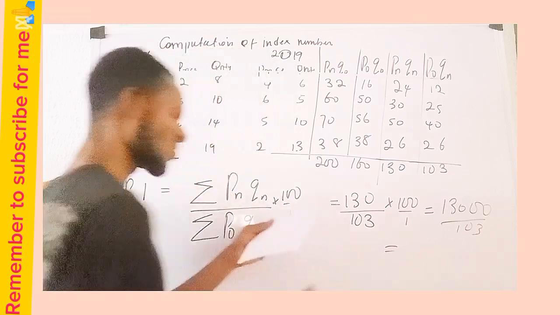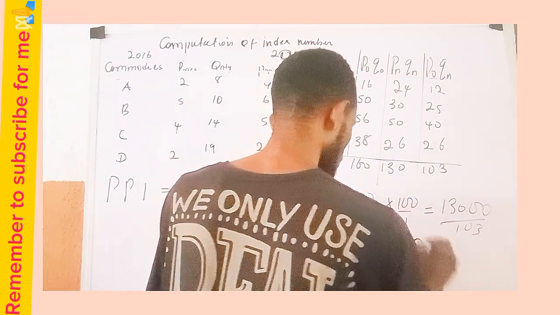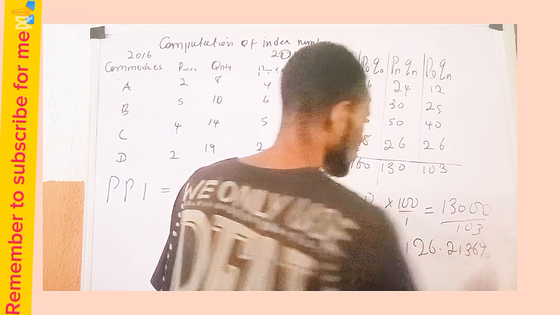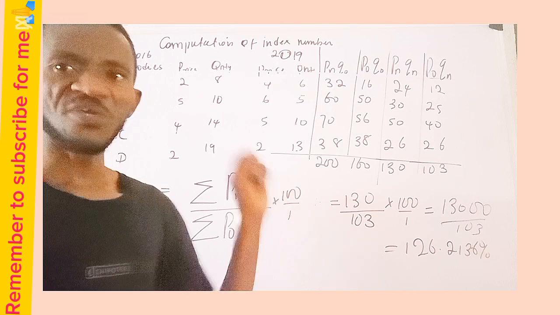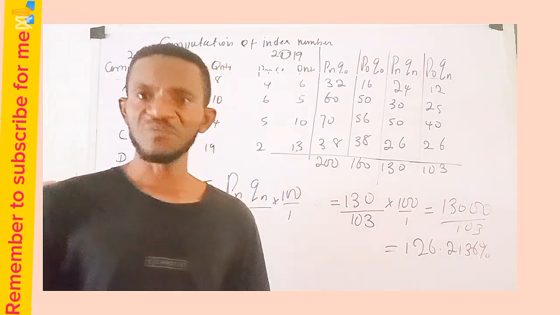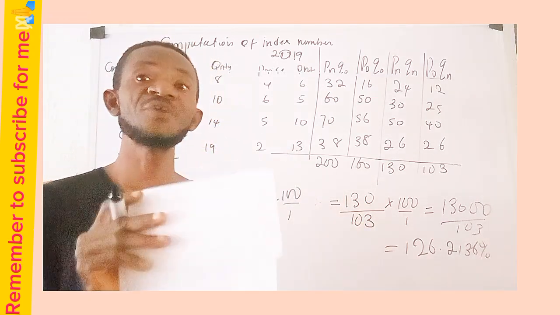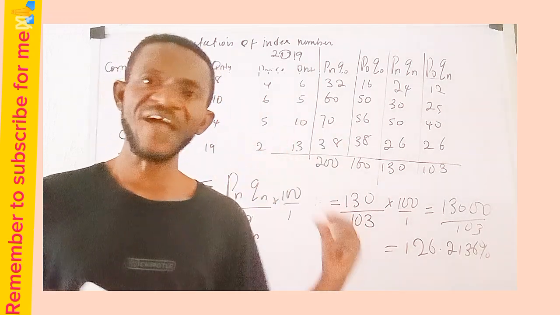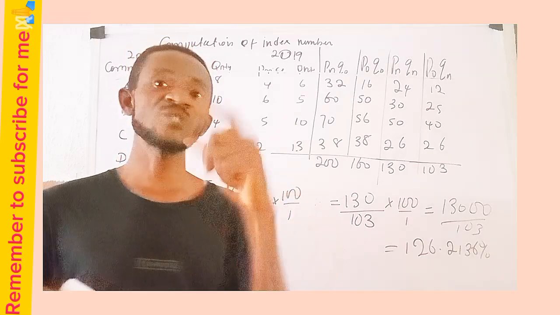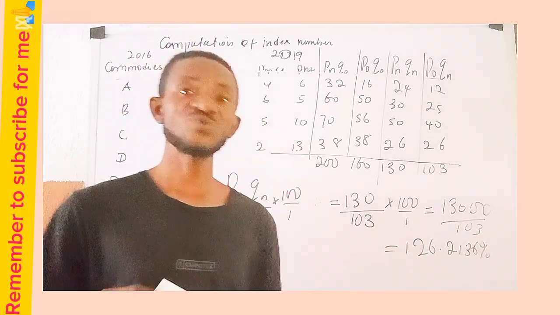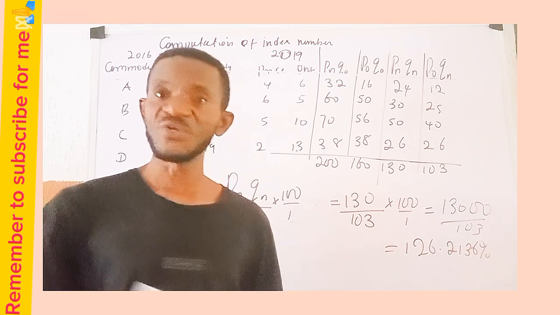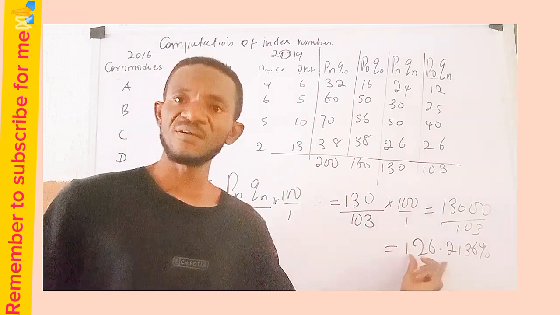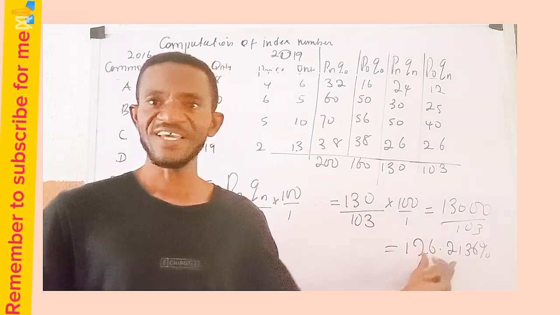And when I got the quotient, the value was 126.2136%, which is very close to the value of the last pair, because the two values must always be almost very close, if not the same thing, since they are measuring the same thing. The value we had earlier for the LPI was 125, and the value we are having here is 126 and a fraction. So it means that the values are almost the same thing. This is now the PPI, the purchase price index.